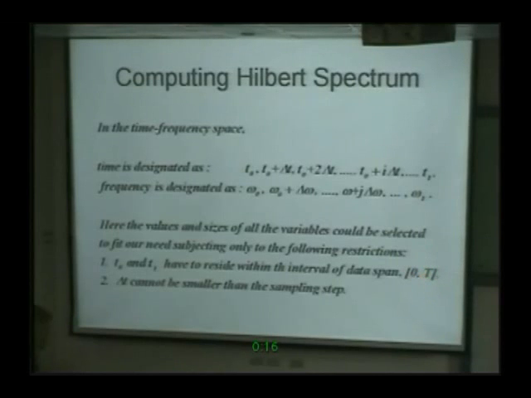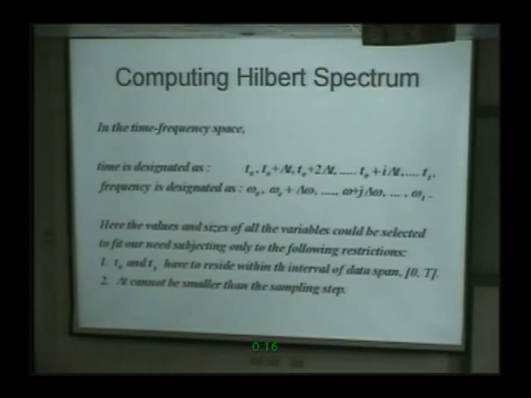For example, we have data from 0 to 100 seconds, but I only want to see from 10 to 20 seconds. We can do it in the Hilbert spectrum. We can select which time range we want to see. And this time delta t also can be any value.